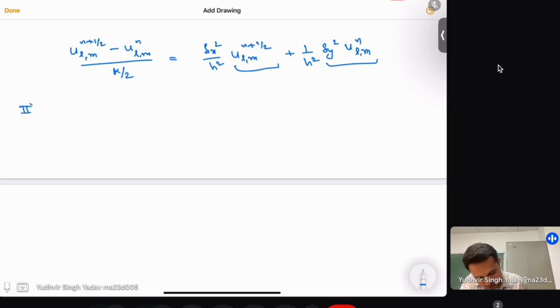Now we will see the second step. In the second step, we march from Tn plus half to Tn plus 1.